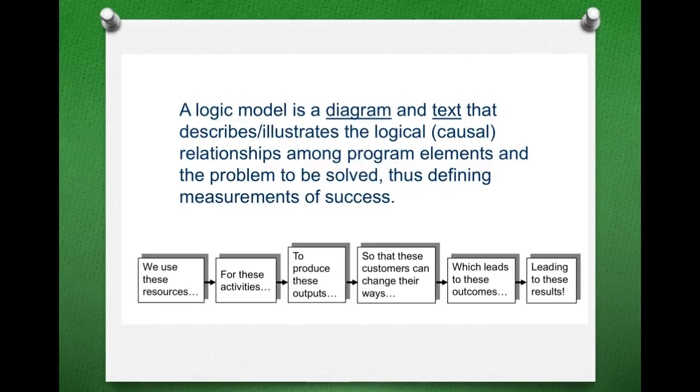So if we use these resources for these activities to produce these outputs so that these customers, target market if you will, can change whatever, which leads to these intermediate outcomes. And finally, these are the ultimate results that we're looking for.